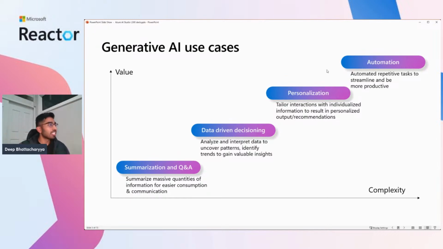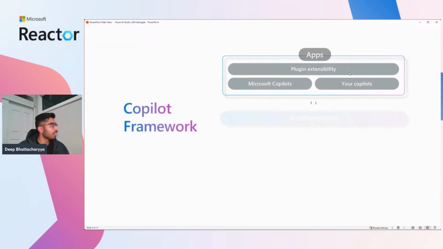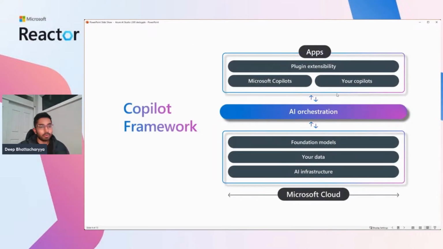So bits of personalization is there, but what we're talking about is really personalizing the results, the outputs and recommendations based on your role within the organization. And finally, we've got automation, which is the highest level, which is using agents to sort of automate a bunch of different processes within the organization, which is what we're striving towards.